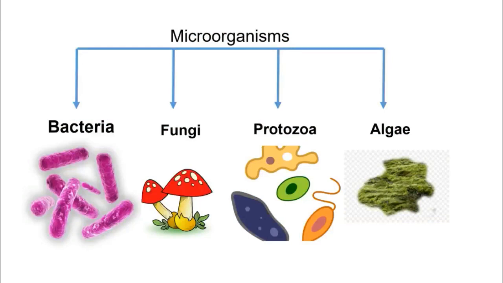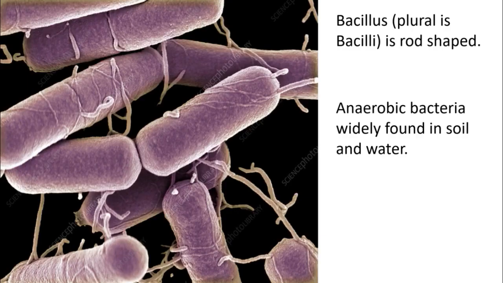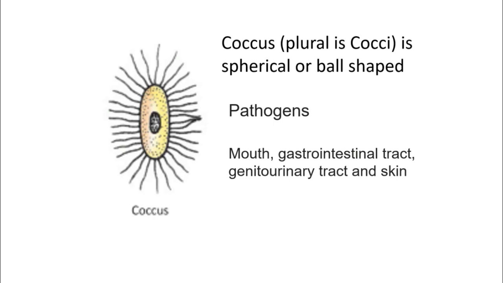So to conclude, what we have learnt is about microorganisms and 4 different types of microorganisms. They are bacteria, fungi, protozoa and algae. And then we have studied the different types of bacteria, categorized depending on their shape, such as rod shaped, spherical or ball shaped.